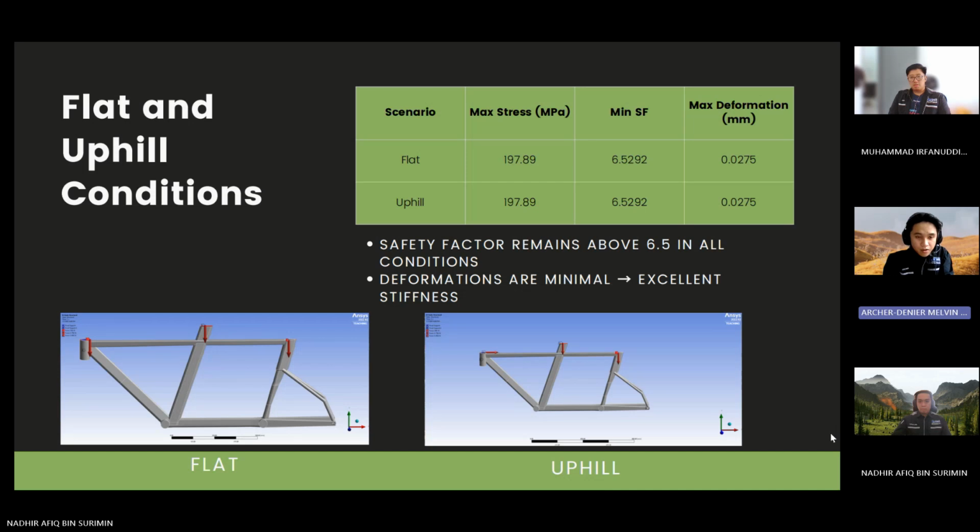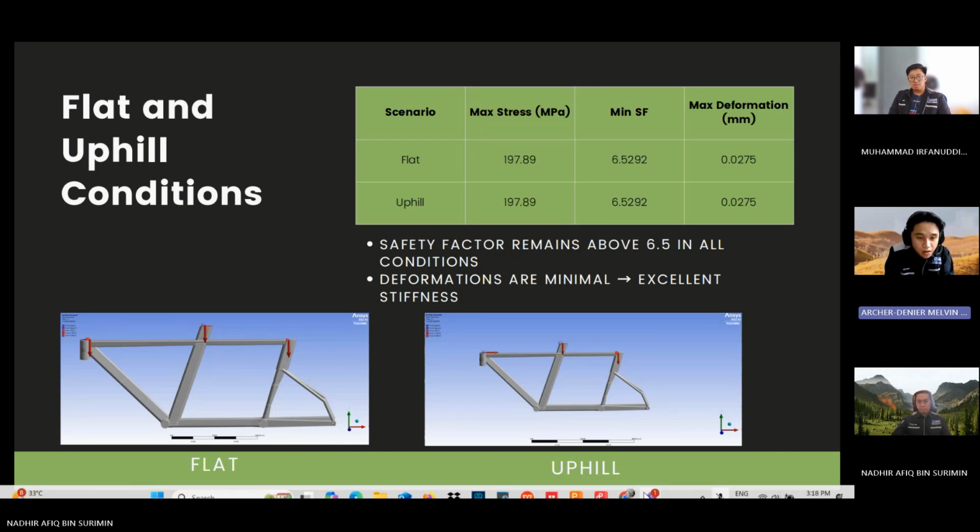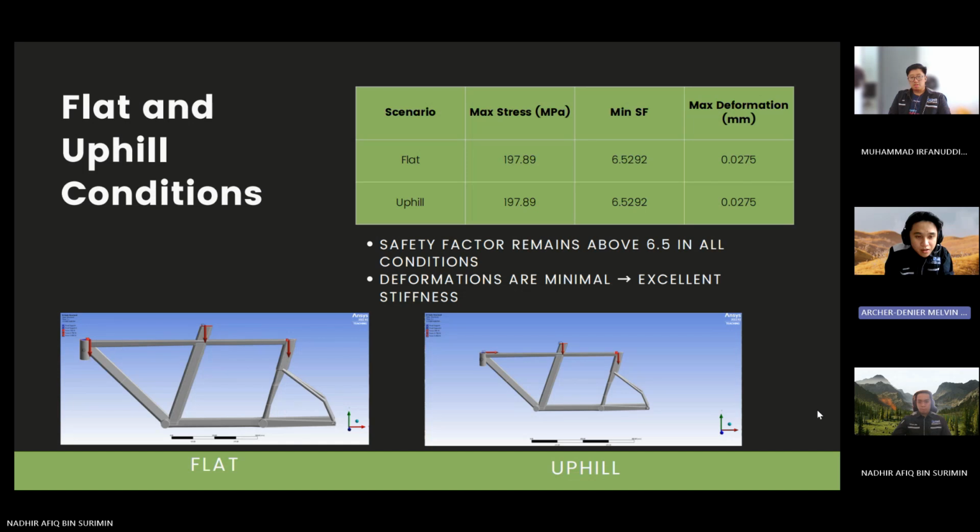And next, we're going to talk about the pictures below, which show the force directions in each part of the three loaded conditions. Now, as you can see from the flat part, the handlebar, the middle seat, and the rear seat are all facing downwards because it is a flat terrain.